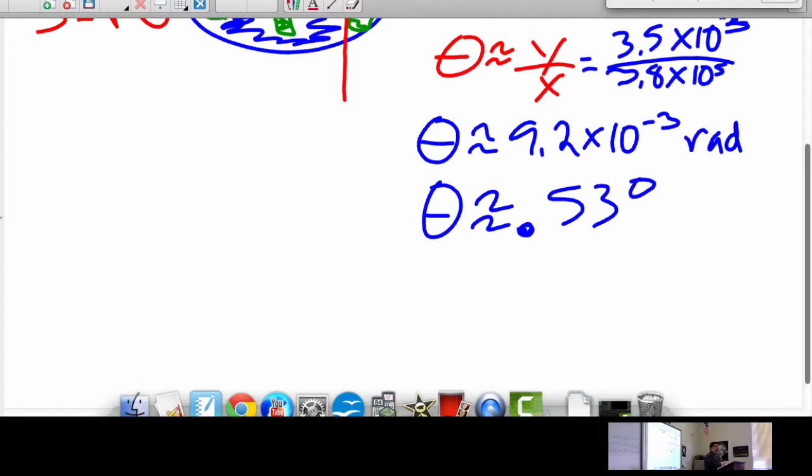All right. Were there any questions? Does that make sense? Do you guys understand where the answers came from? Is that a small angle for theta? Yeah. So that allows us to use that approximation value. And where that comes from is that the opposite length compared to the adjacent length is so much smaller.